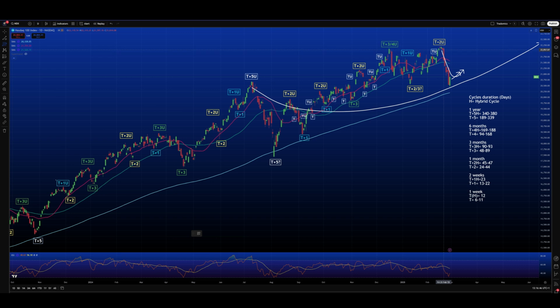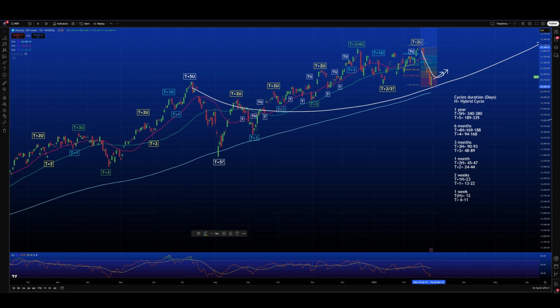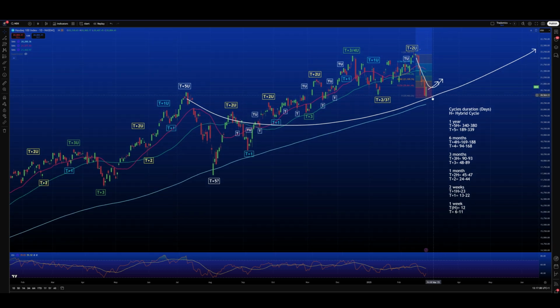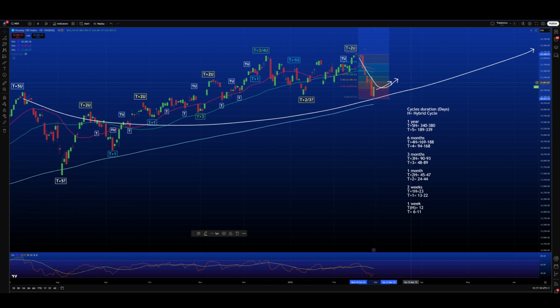The levels at which we can have the ending of the weekly cycle for the beginning of next week are 21,109 and 21,310, and eventually 21,500 and 21,490, 494.